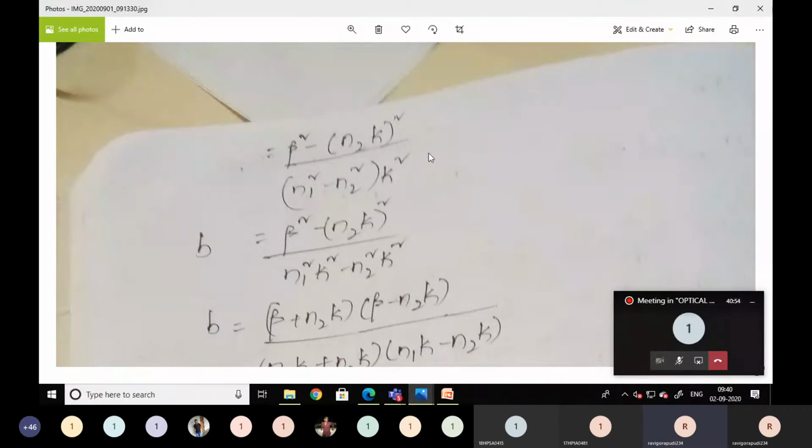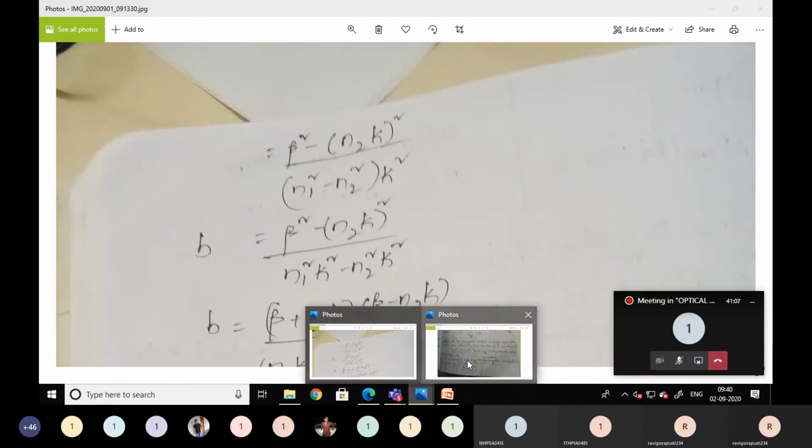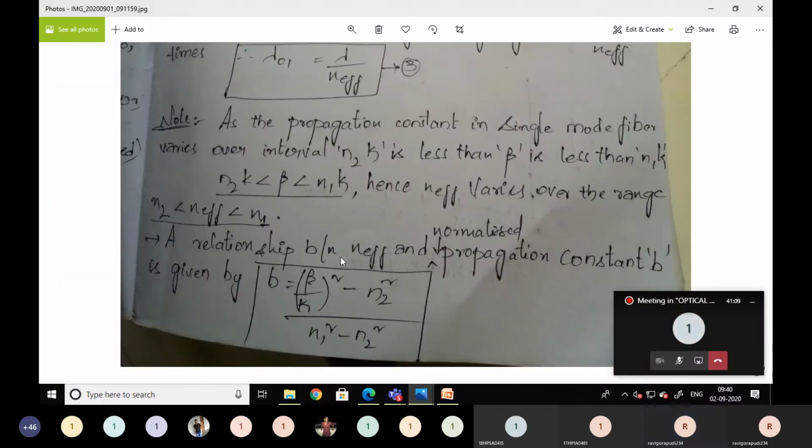I am taking LCM as k square, then beta square minus N2 into k whole square by N1 square minus N2 square already we have into k square. From this I am writing beta square minus N2 square k square by k square into N1 square minus N2 square. This k square I am taking into the denominator.